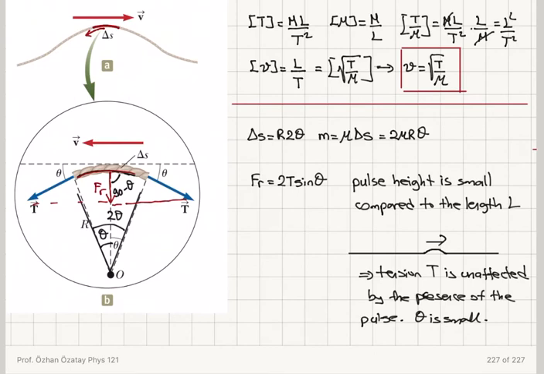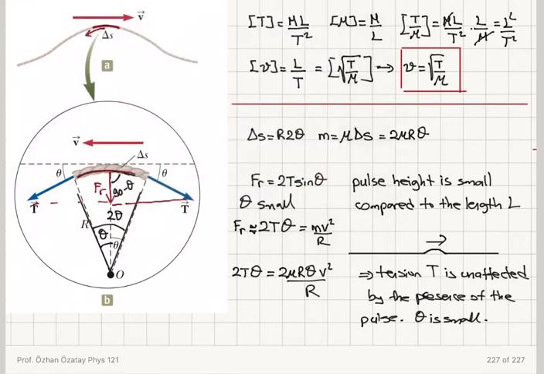So for small angles, I know that I can write the radial force as approximately 2T theta, theta small. So the radial force in circular motion must be equal to m v squared over r, the tangential speed v squared over r, and basically this implies 2T theta is equal to m, which is 2 mu r theta, v squared divided by r.